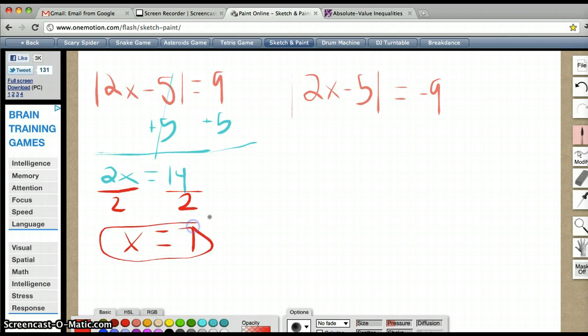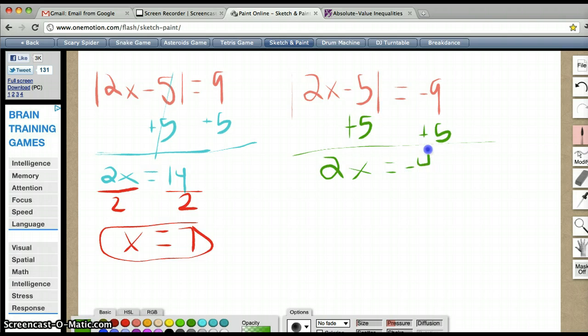Now we're going to go over to the other side here. Now we're going to add 5 because it's a minus. So go ahead and add 5. So you've got 2x equals, now a negative 9 plus 5 is a negative 4.